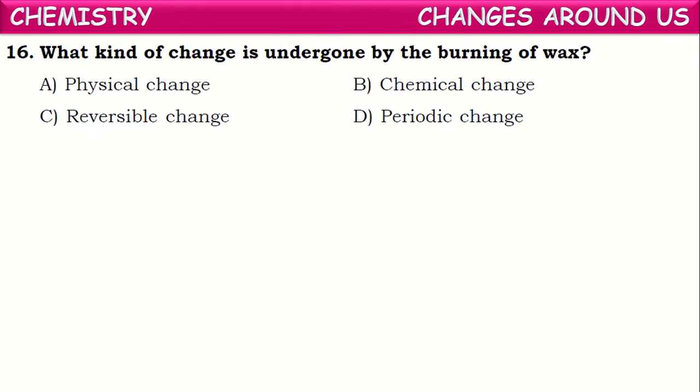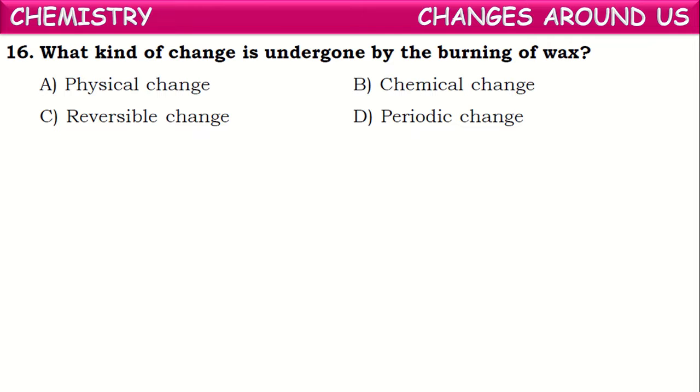Okay. Next, what kind of change is undergone by burning of wax? Melting of wax will come under physical change because only physical state changes, no chemical composition change. But when wax is burnt, it burns with light and produces heat, carbon dioxide and water vapor as products.